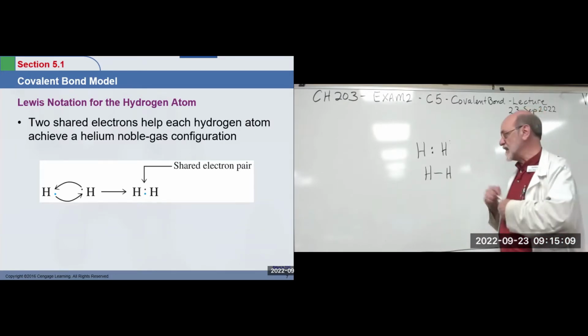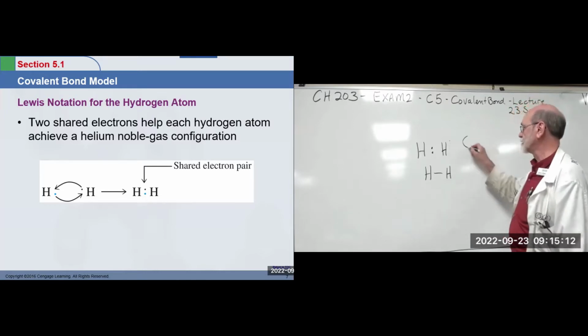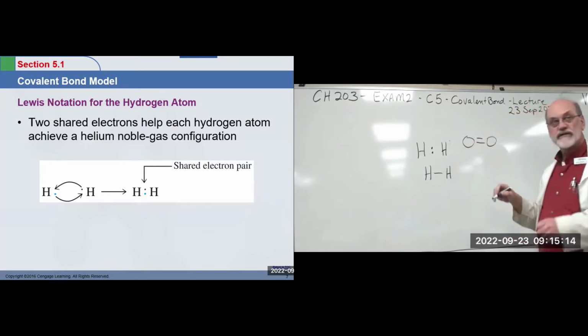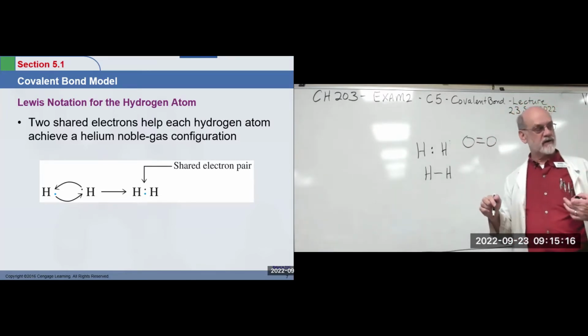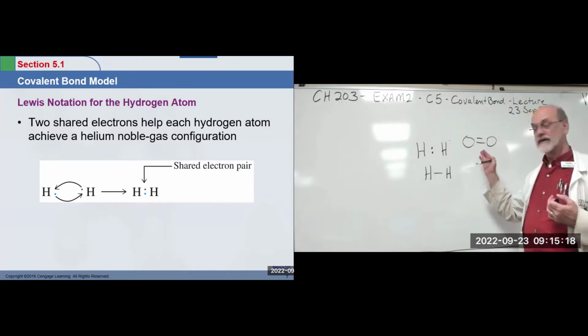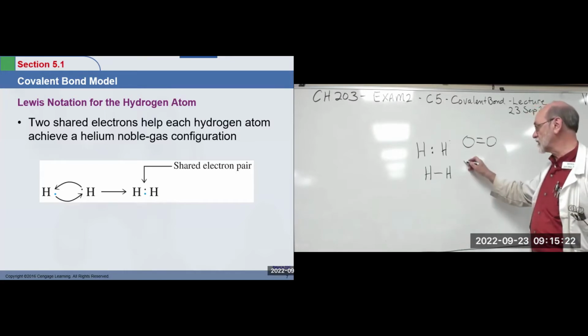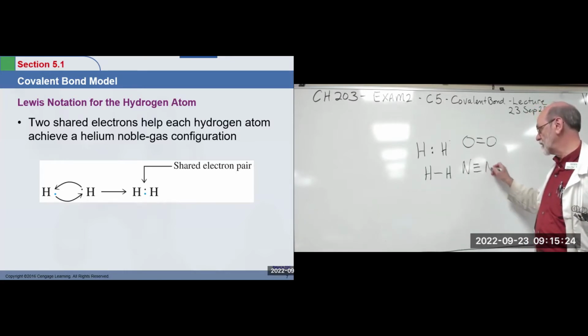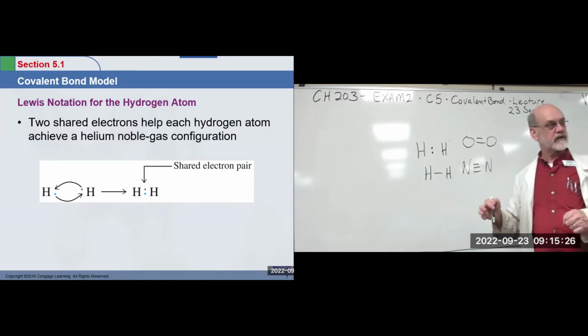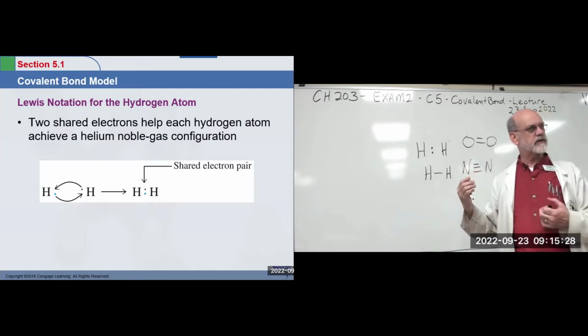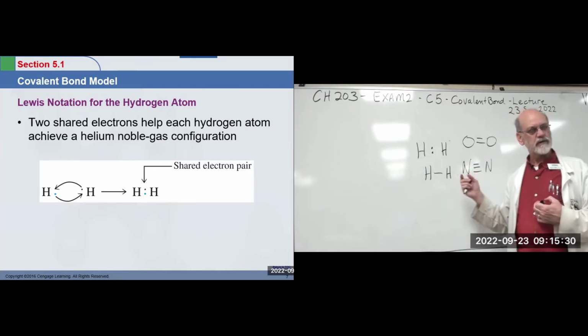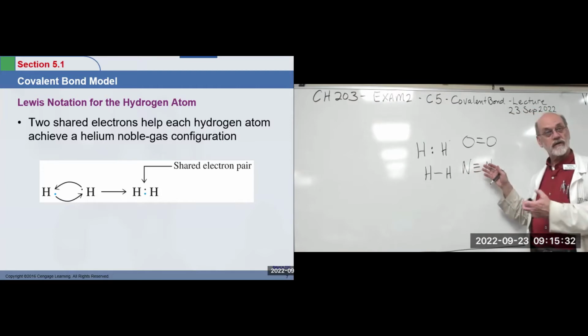If you happen to see, say, oxygen, if you see 2 lines, that's 2 pairs of electrons, or 4 electrons shared between the 2. Okay, nitrogen has 3 pairs of electrons between. That's why nitrogen is so stable, because the more bonds you have, the stronger the connection.